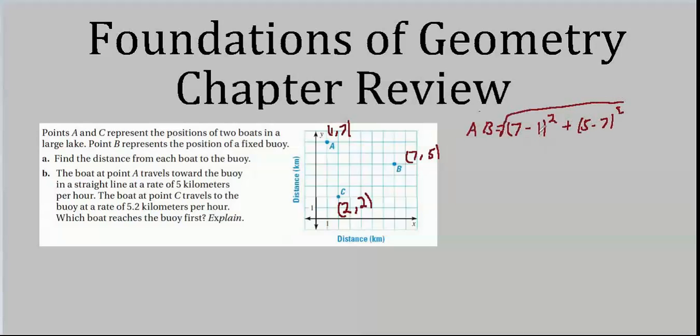That's going to be 6 squared, which is 36. It's going to be minus 2 squared, which is 4. You have to add that together and take a square root. That equals the square root of 40.